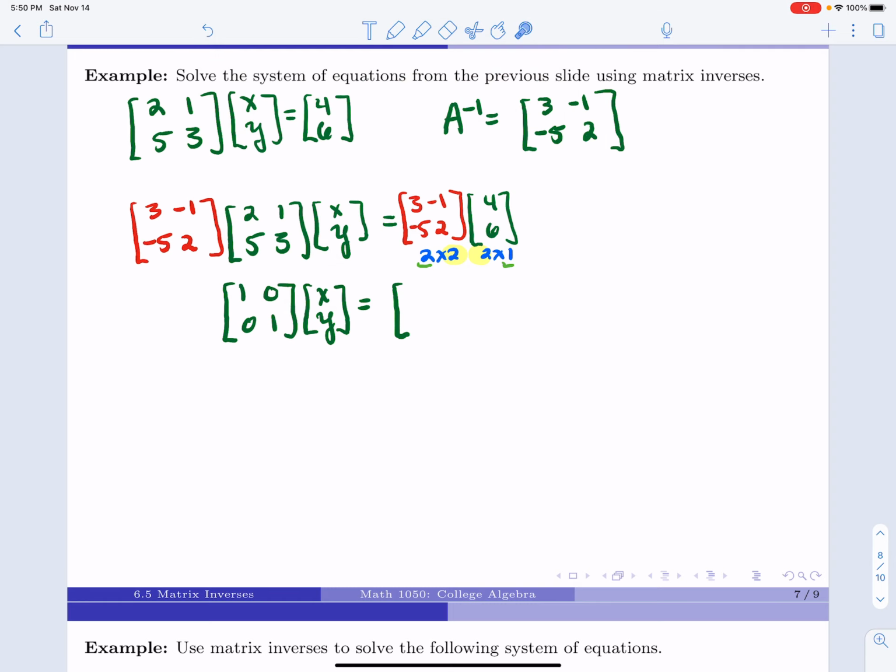So in our first row, first column, we take the first row of our first matrix and multiply it by the first column of our second matrix. So we get 3 times 4 plus -1 times 6. And for our second row, first column, we get -5 times 4 plus 2 times 6.